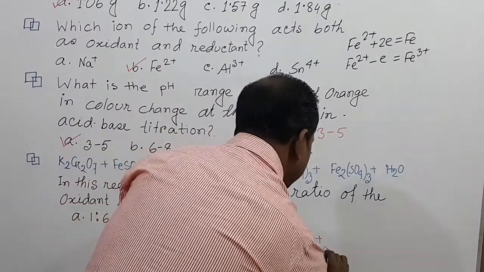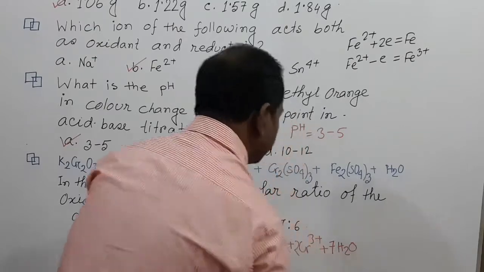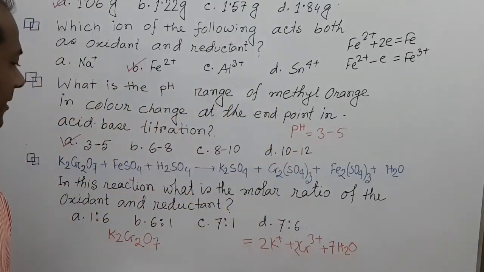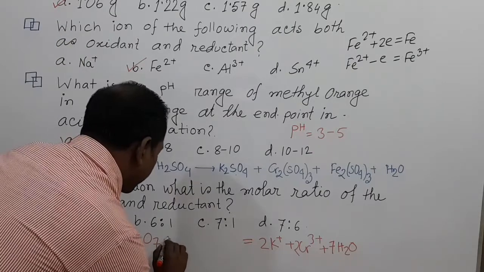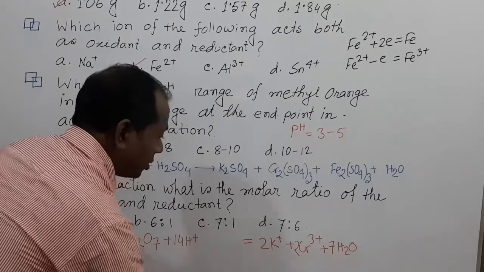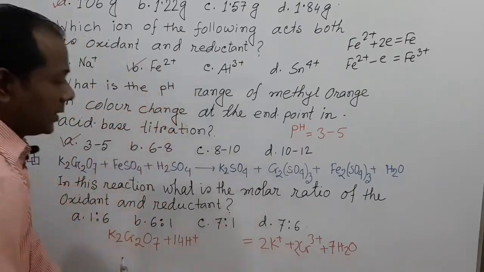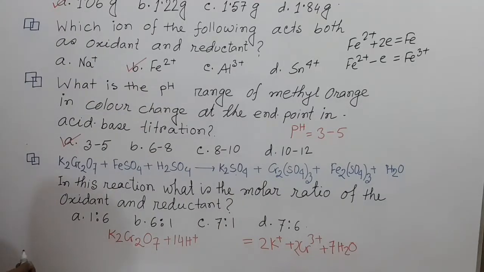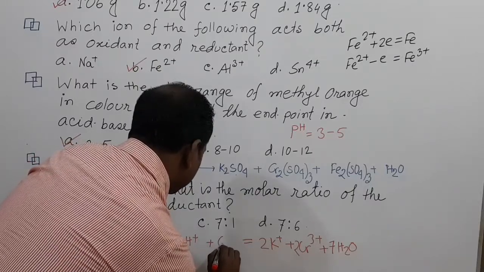So, we write here 7H2O. Now, here 14 H+, because we use 7 into 2, 14 H+. And to balance the equation, potassium dichromate accepts 6 electrons.